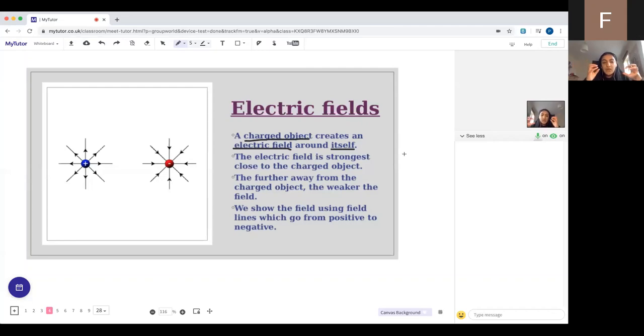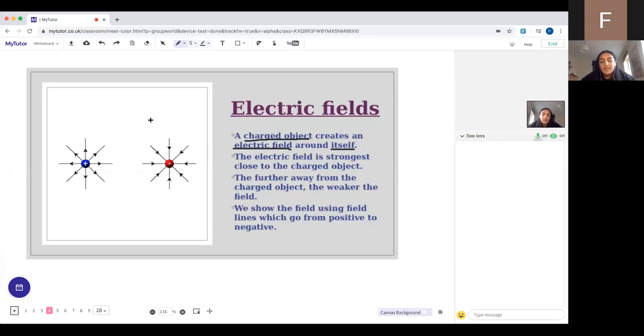By charged object, we mean something that is positive or negative, not a neutron, because that would be neutral. Neutrons don't have any charge. So it's a proton or an electron, or just a positive and negative charge.